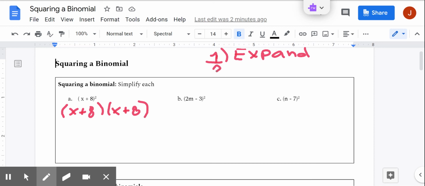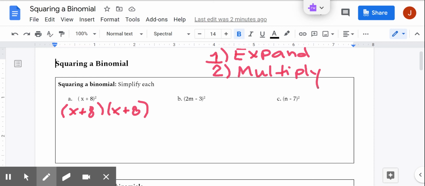So expanding just means that we're rewriting this as a binomial times itself. Once we have done that, our second step is that we're just going to multiply those two binomials. And you can use any of the methods that we learned last week. So remember, we learned how to FOIL, we learned how to use the distributive property, and we learned the table method.